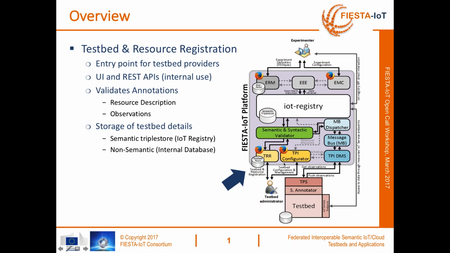The information that this tool retrieves from the user, from the testbed provider, is stored in two different places. It's stored in the semantic triple store and on the internal database, which is the testbed repository. Now, the testbed IRI is stored inside the IoT registry, which is a semantic triple store here.